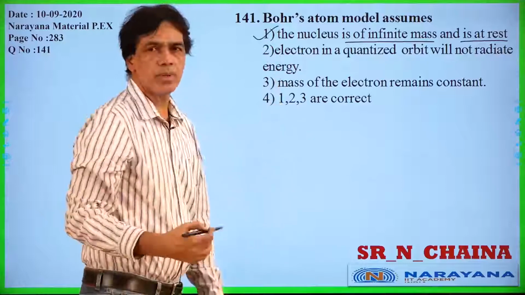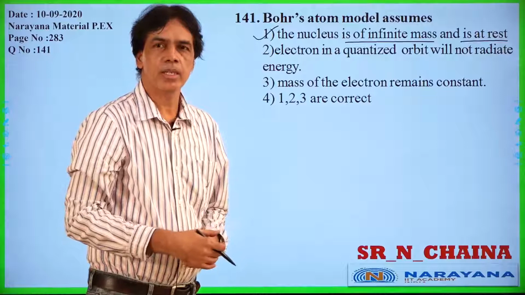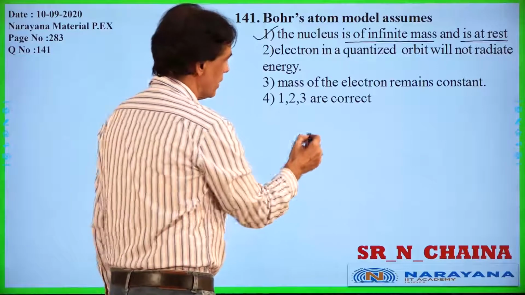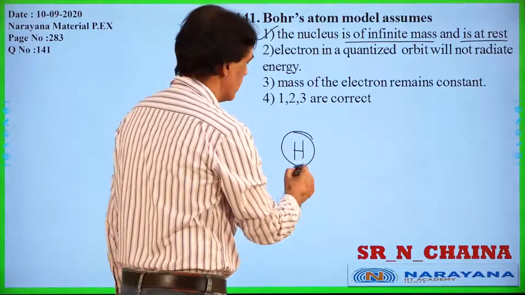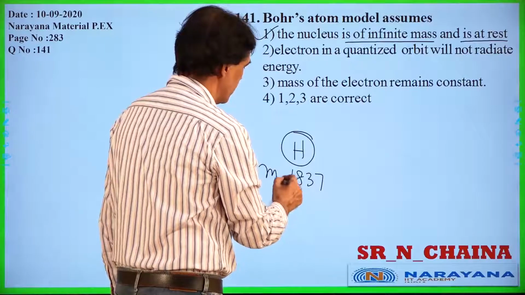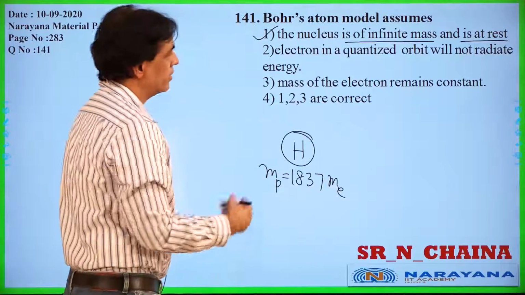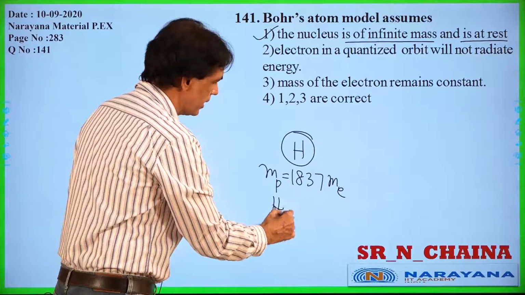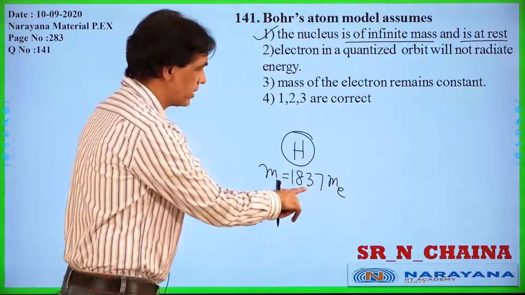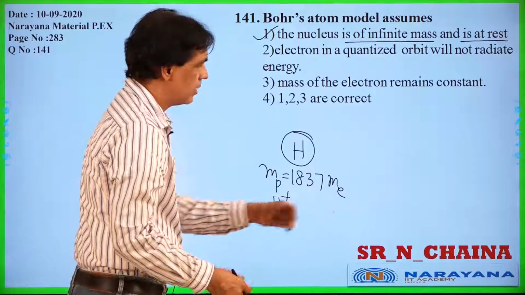Why? By using Bohr's atom model, we can explain only hydrogen-like atoms. Suppose you consider hydrogen atom, it contains only one proton. Mass of proton is 1837 times greater than mass of electron. If you consider the next one, He+, it contains four nucleons, 4 times of it, which means nearly 7,500 times the mass of the electron.